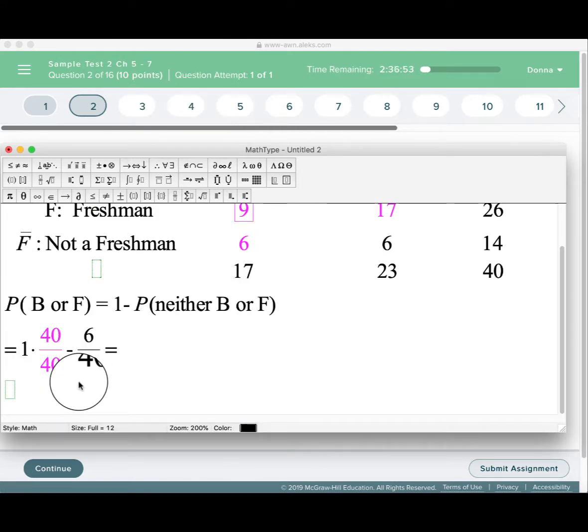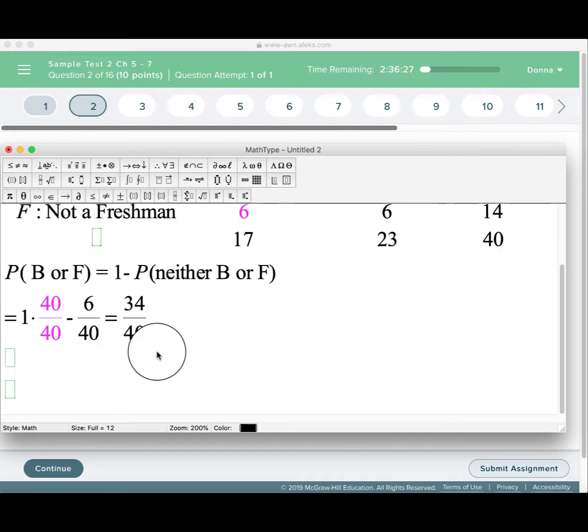So notice that you can just take the denominator and subtract the numerator, 40 minus 6, which will give us 34 out of 40. So if we have neither to find or, we just take the denominator minus the numerator. That'll give us, in this case, 34 divided by 40.